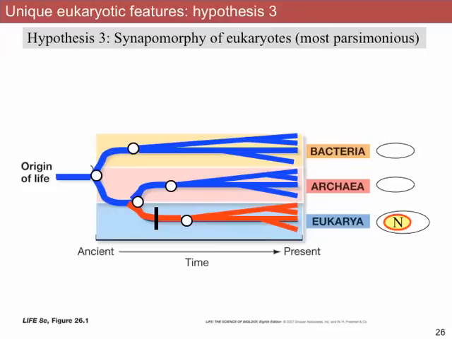So the main reason I really want to emphasize this rooted tree of life is it helps us understand a lot of things. It's what led people to look for these shared features of archaea and eukaryotes. And it helps us understand that these similarities of bacteria and archaea are not necessarily telling us that they are closely related to each other.